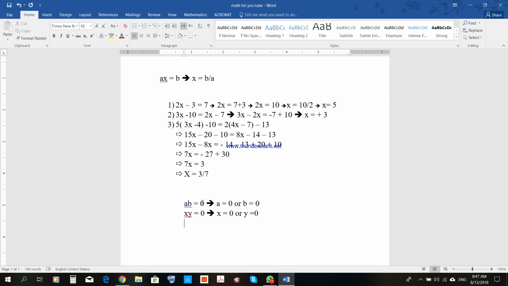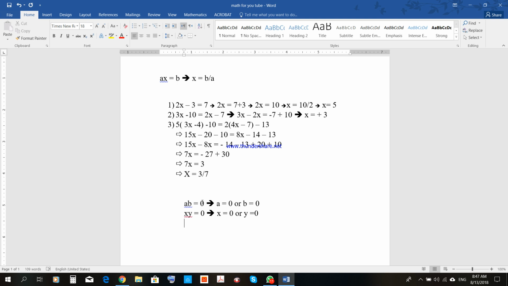With respect to the parentheses, if there are a lot of parentheses multiplied with each other, take the first parenthesis equal to 0, or the second parenthesis equal to 0, or the third, or the fourth, etc. That means for each parenthesis, put it equal to 0.